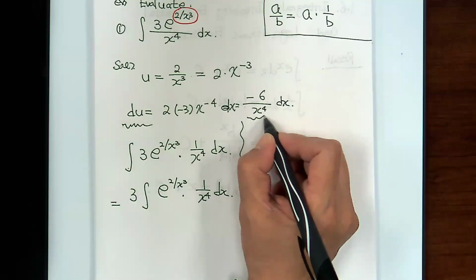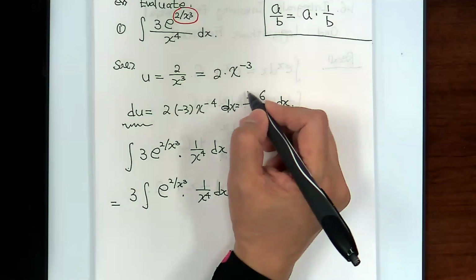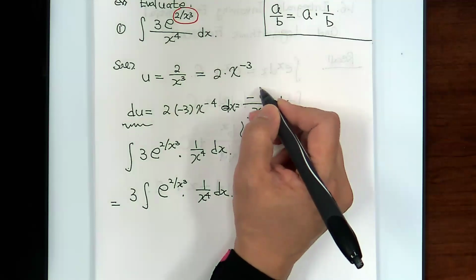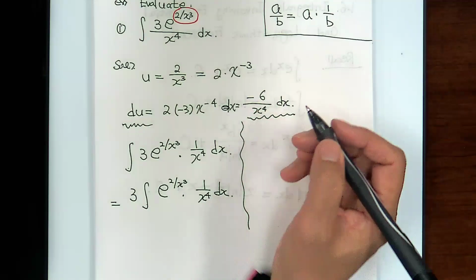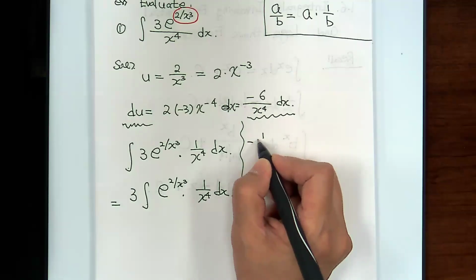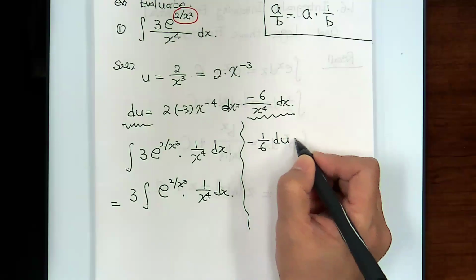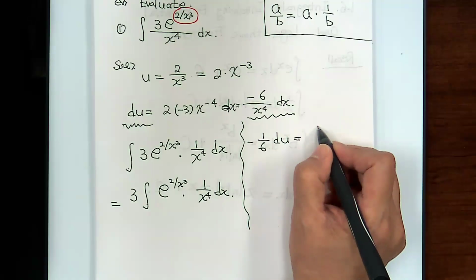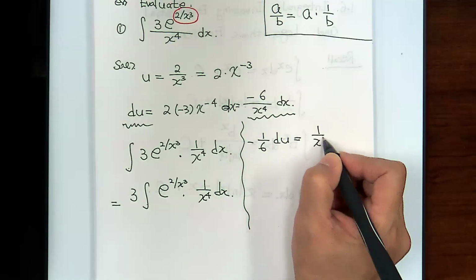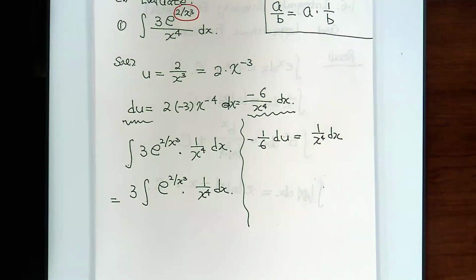From this relation, we want to get rid of minus 6 on the right side. So we would multiply by minus 1 over 6 on both sides. Then we have 1 over x to the 4th power dx on the right side.